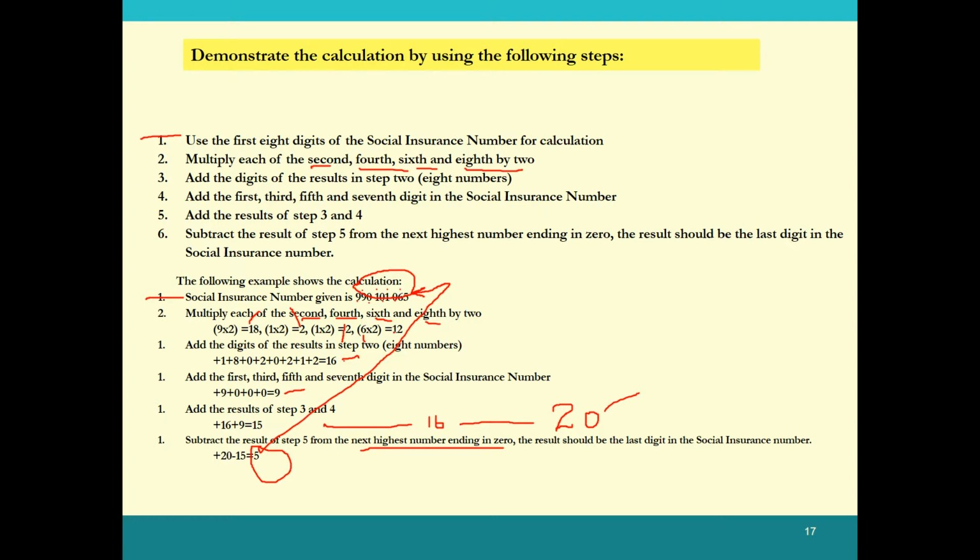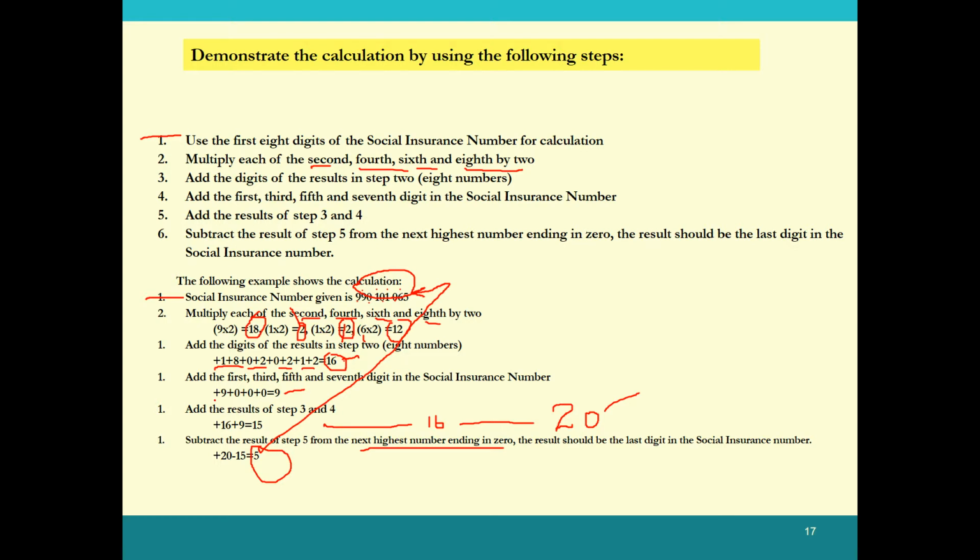When we multiply by 2, it comes out like this: 18 is the result of the first calculation, then 2, then 2, and then 12. So, how are we adding the digits? 18 is 1 and 8, then 02 is 0 and 2, and then 12 is 1 and 2, and adding all those numbers becomes 16. All right.